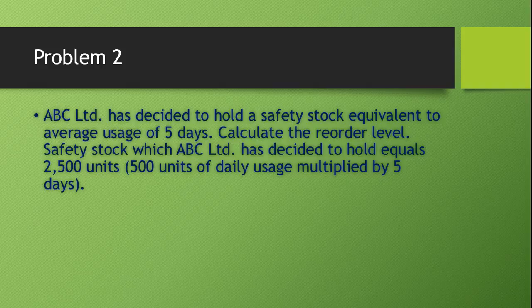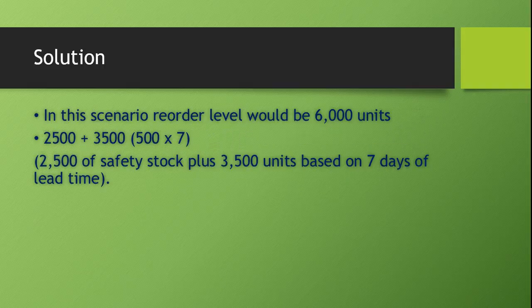So in any case, you can find out how to calculate the safety stock. If the number of days is given, just multiply the number of days by the daily use, and you will get the safety stock. Now the formula will be applied here. The reorder level will be the lead time into average daily use.